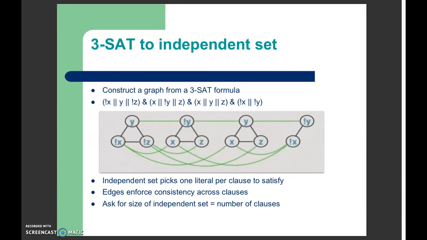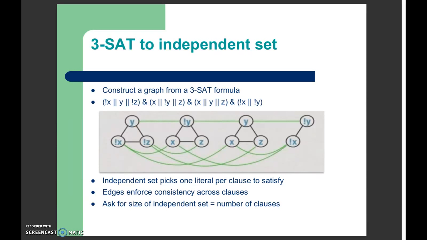Now we are taking 3-SAT to independent set. That is, we are trying to reduce 3-SAT to independent set. Here we are going to construct a graph from a 3-SAT formula, which is given in the next line. Each clause is represented by a triangle, and every triangle's vertex is connected to the respective opposite-literal vertex of other triangles.